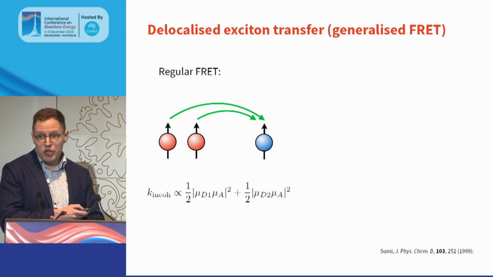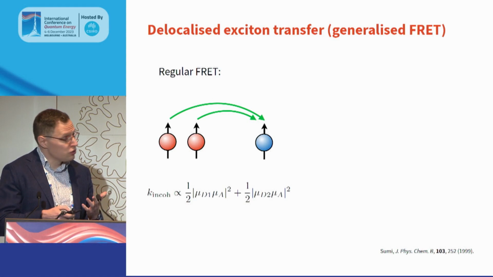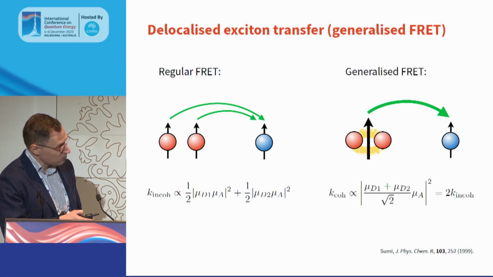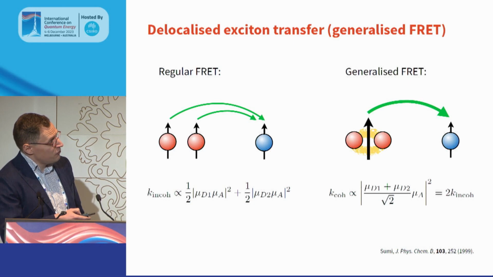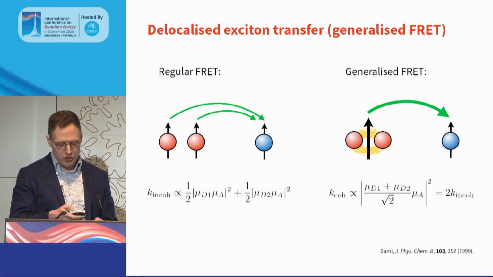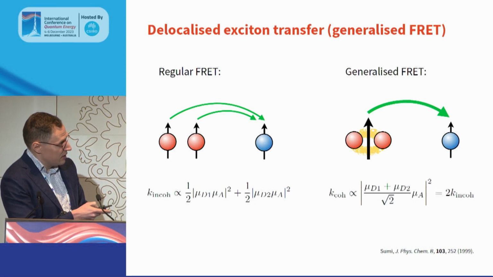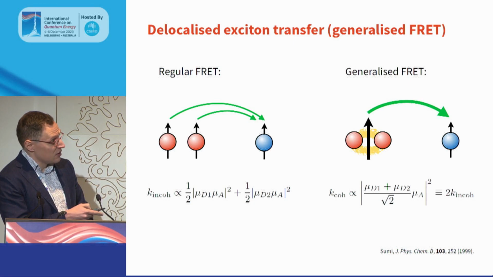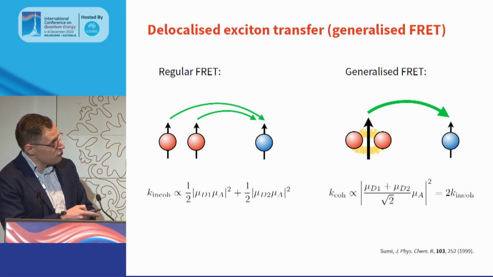But if there's a coherent superposition of the two donors, then from the point of view of the acceptor, it doesn't see two little antennas transmitting energy to it. It sees one large antenna. And this large antenna has a larger transition dipole moment. And if you work out the maths, you end up with the rate.